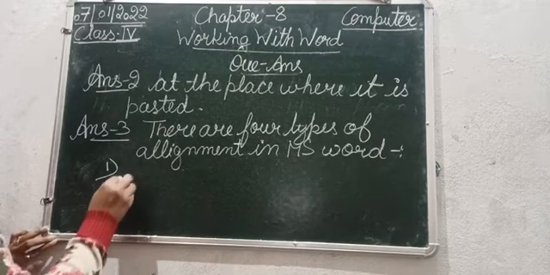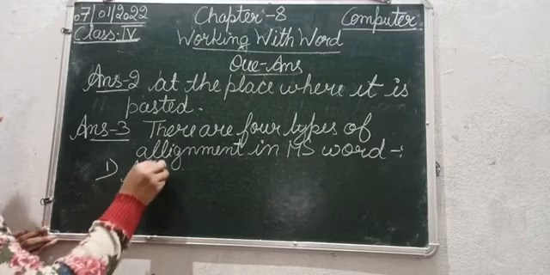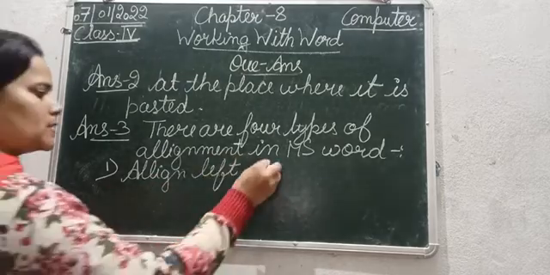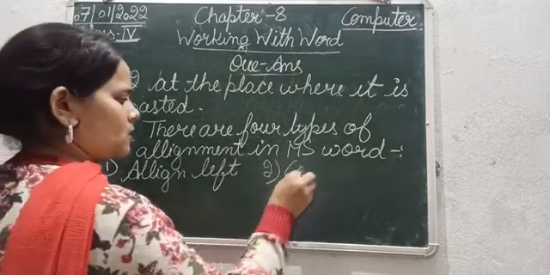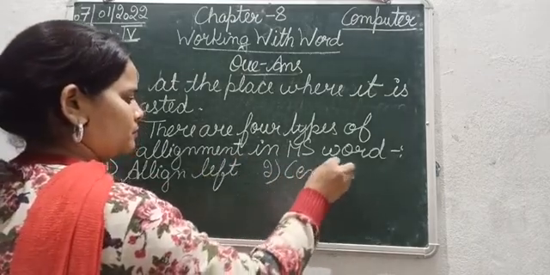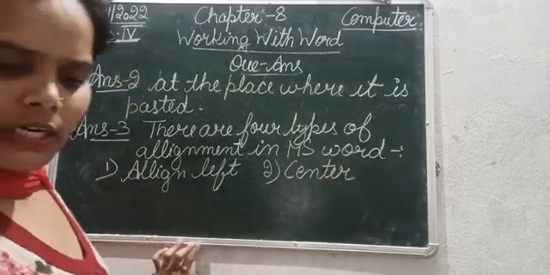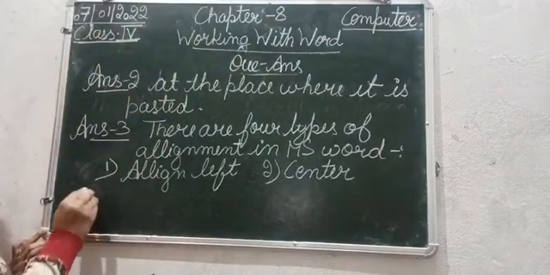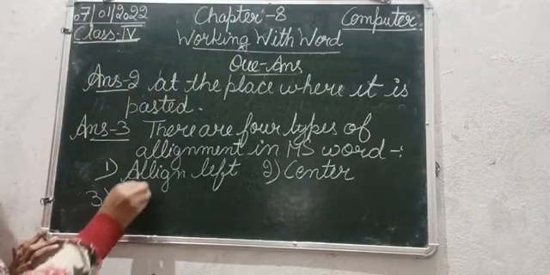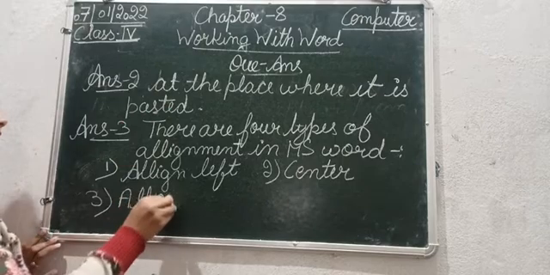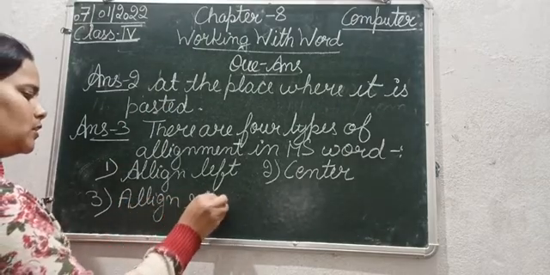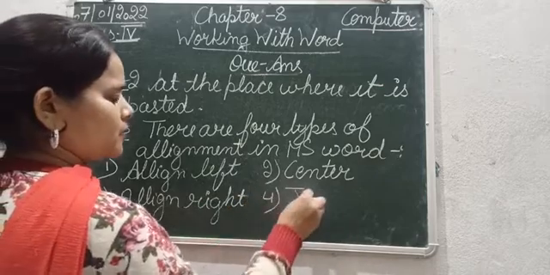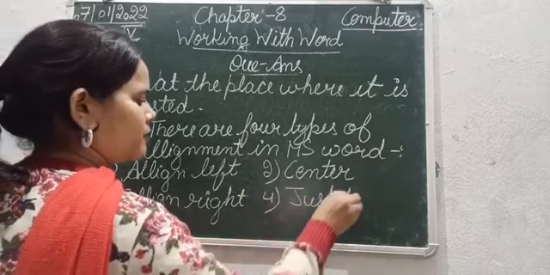Okay, write: align left, second center, and center is spelled C-E-N-T-E-R. Next is align right, and the fourth one is justify, J-U-S-T-I-F-Y.